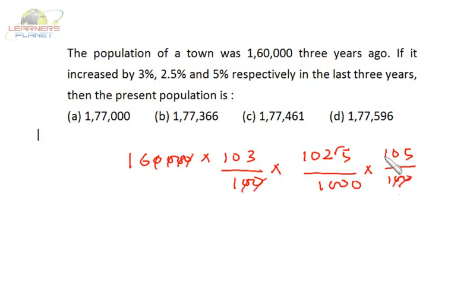Now you have to make this multiplication. Okay, now further, since the unit digits are unique, we can calculate it easily. For that, first of all, let's reduce the denominators to 1.